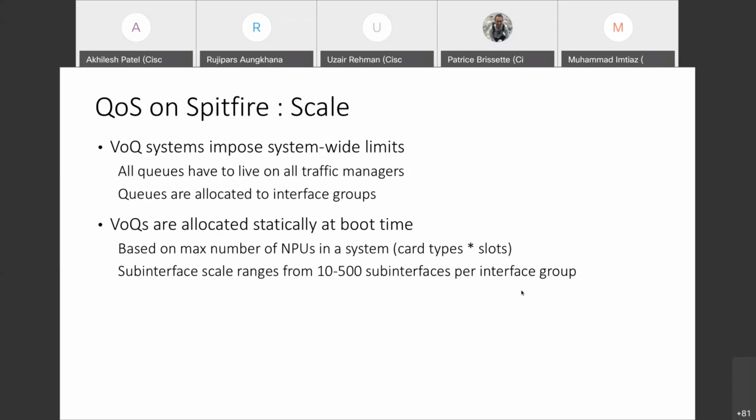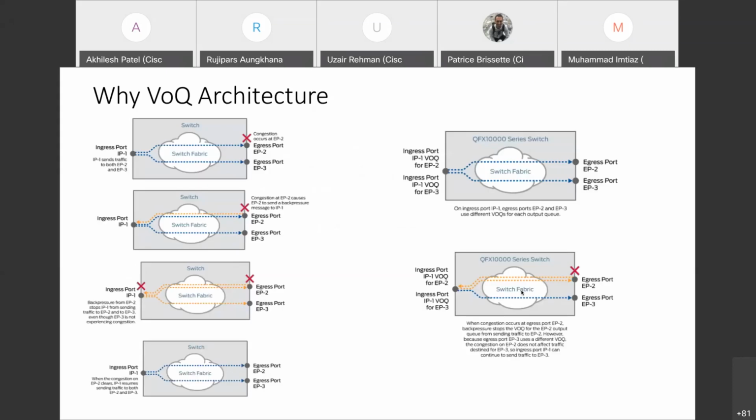And sub-interface scale ranges from 10 to 500 sub-interfaces per interface group. In today's discussion, most of the time we'll be talking about the main interface, not the sub-interfaces, but a lot of similarities exist between what we discuss about the main interface and the sub-interfaces as well.